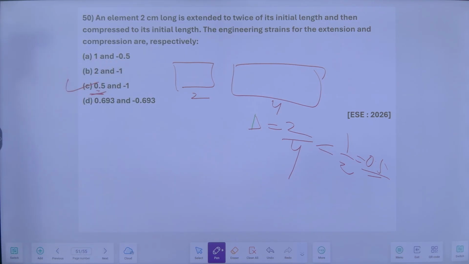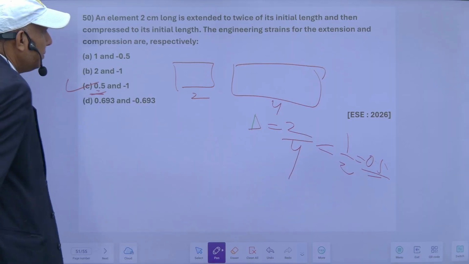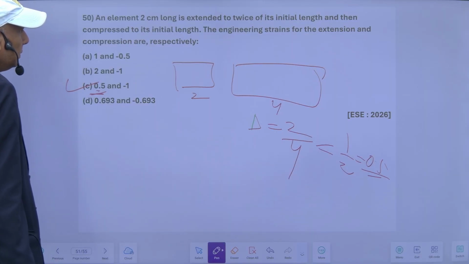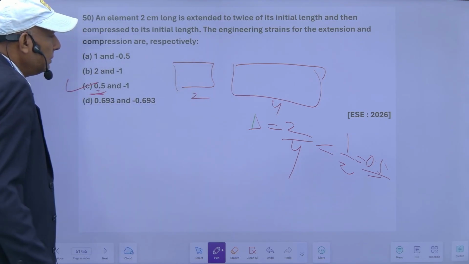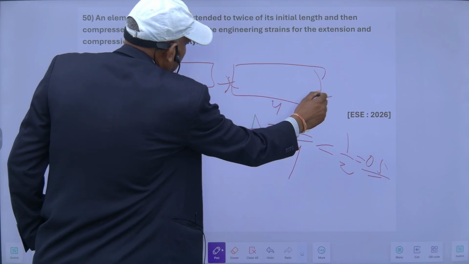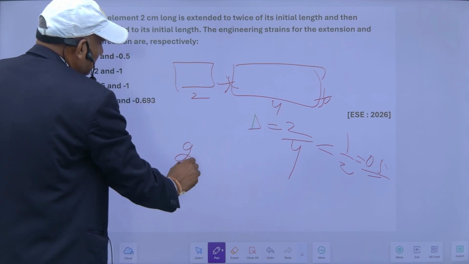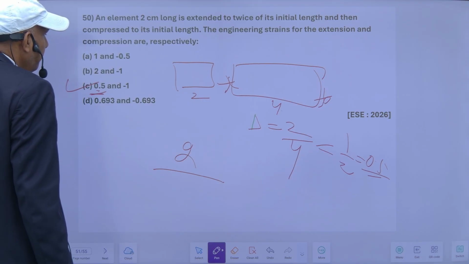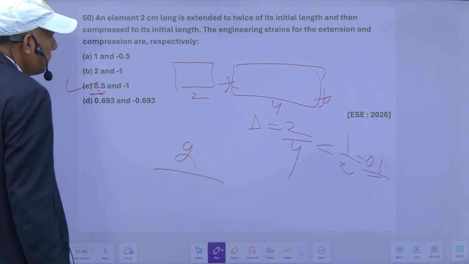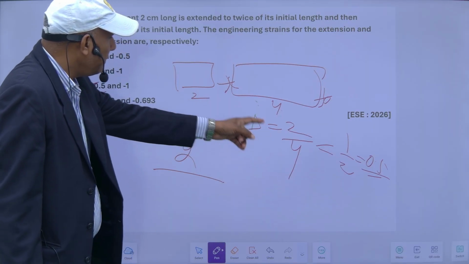Compression need not be checked. Otherwise you can check compressed to its original length. So in the first case change in length is 2 upon original length 2.